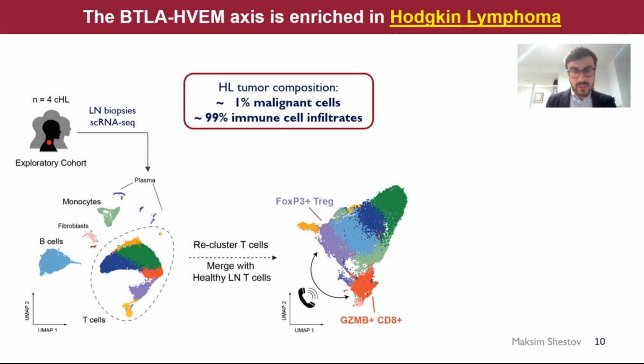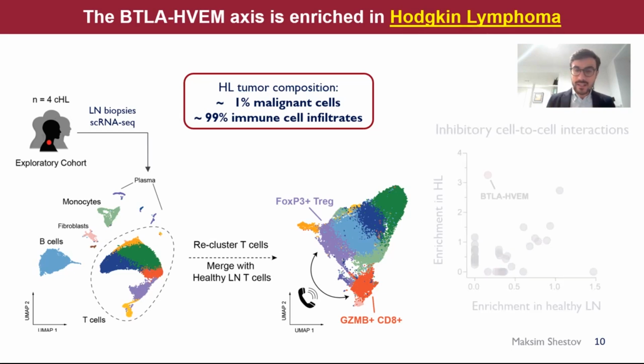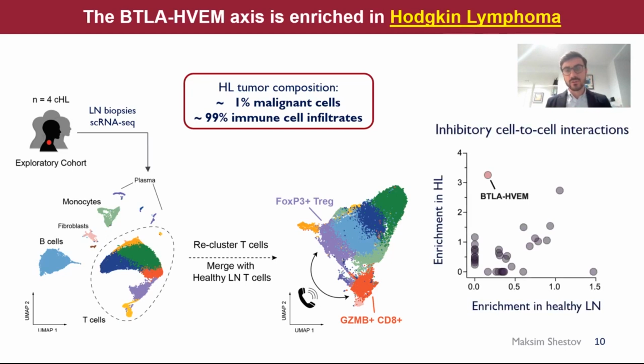And we try to study the interaction between these different clusters by using a software, an algorithm that is called CellPhoneDB. And interestingly, by looking at the interaction between inhibitory cells and cytotoxic CD8 positive cells, we identify BTLA in T cells and HVEM in the inhibitory cells as one of the key interactions in the tumor microenvironment that might lead to inhibition.